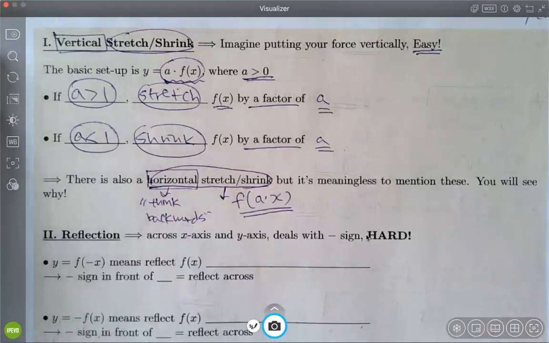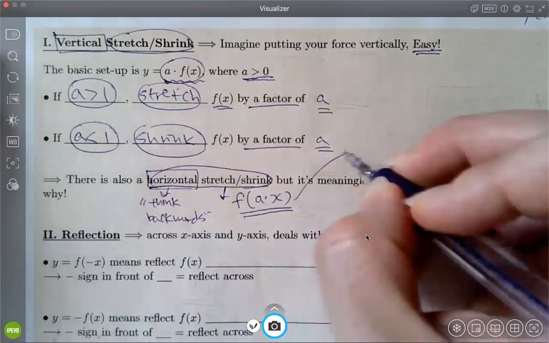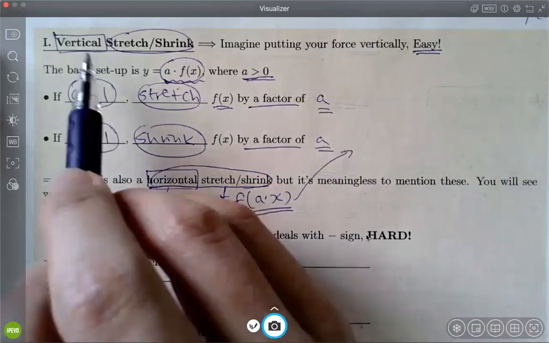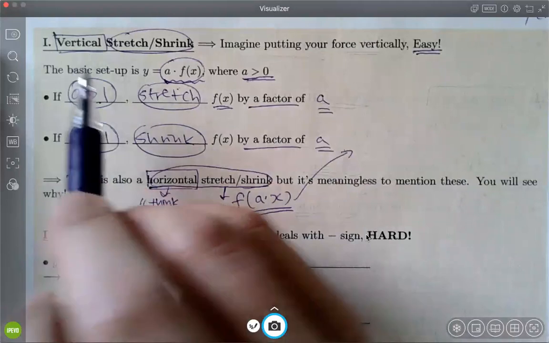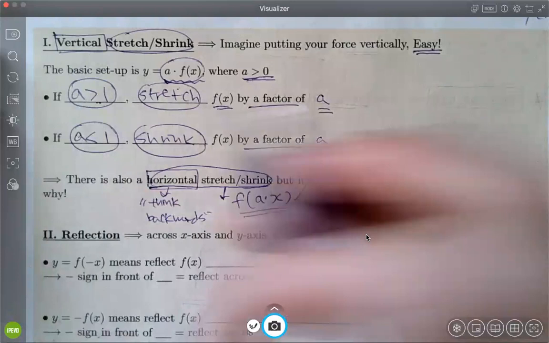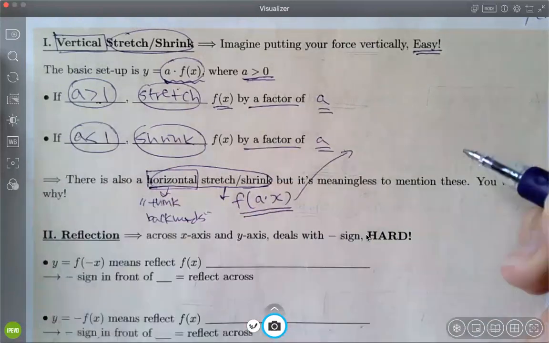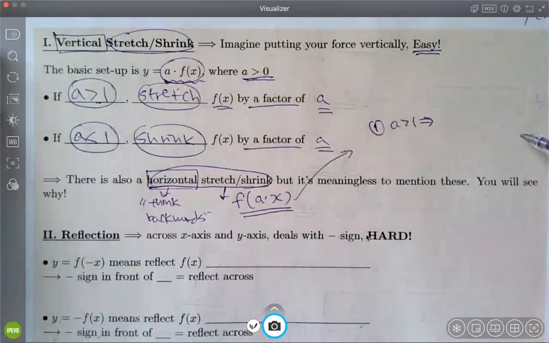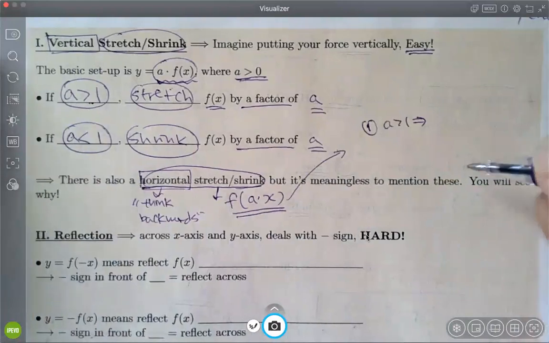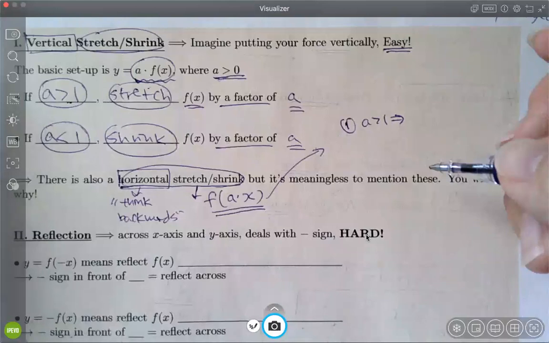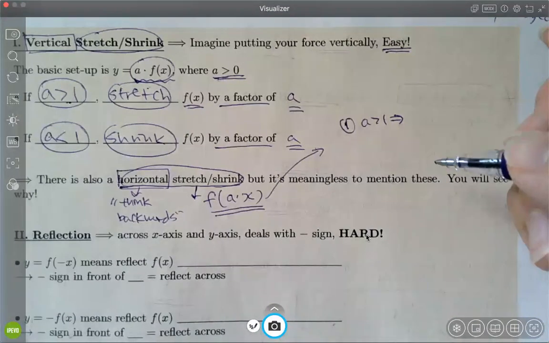What do I mean by that? When a is greater than 1, it's a stretch for the vertical transformation. So what would be the case when this number is greater than 1? Is it going to be stretch or shrink in the horizontal way? It would shrink, wouldn't it?